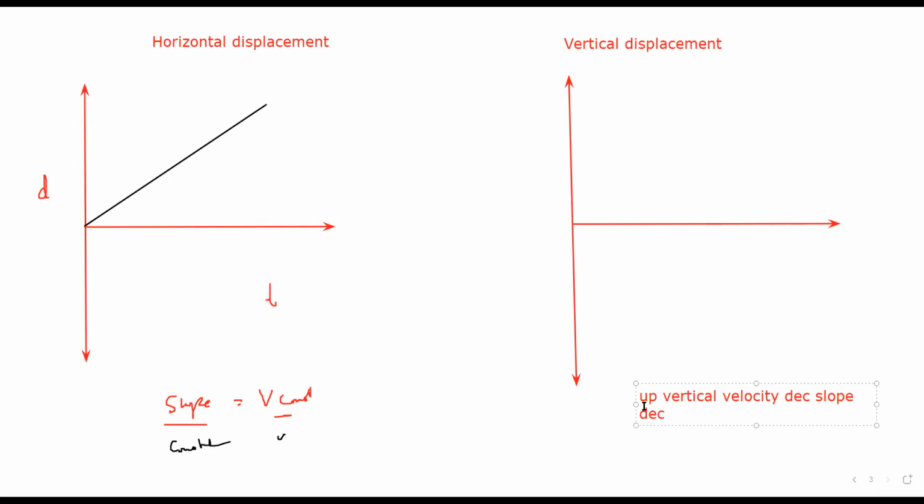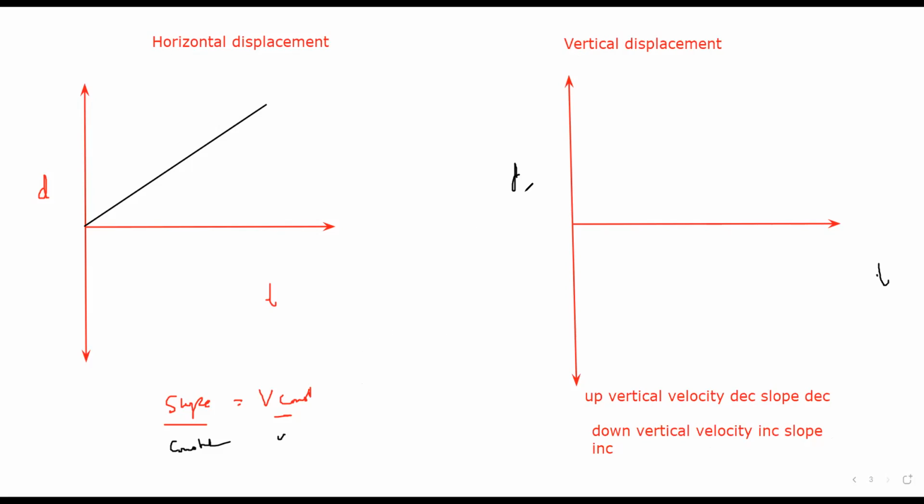And then when it is coming down, the vertical velocity is increasing. It means the slope should increase. So how do we represent a slope decrease and a slope increase for a displacement time graph?